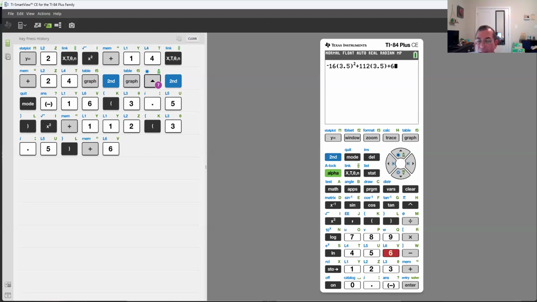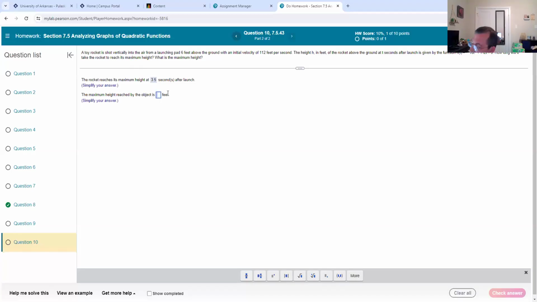When I hit enter, I get my rocket's maximum height of 202. So that tells me it took 3.5 seconds for my rocket to go 202 feet into the air.